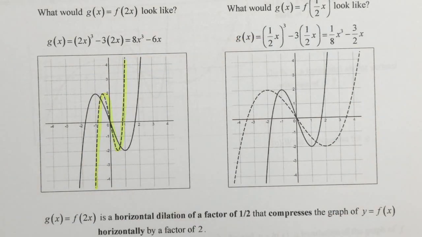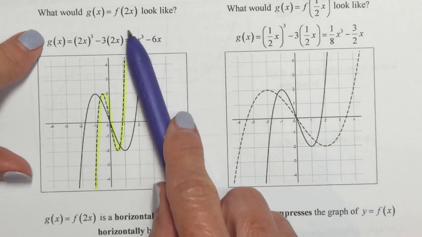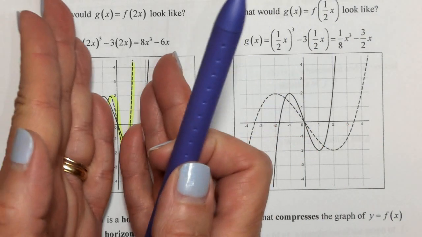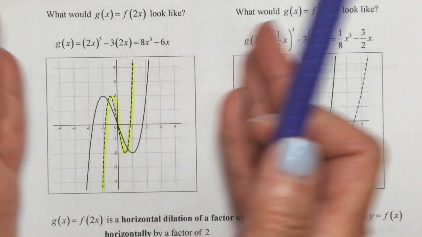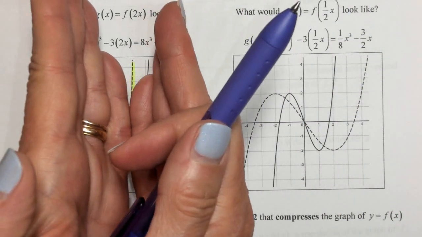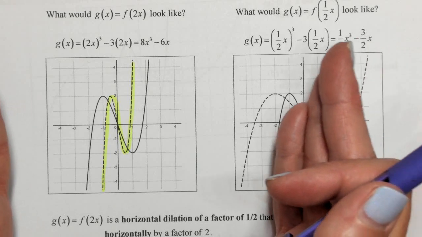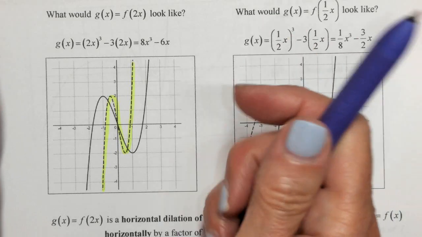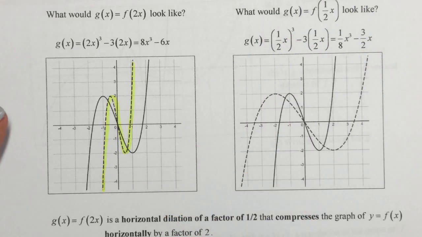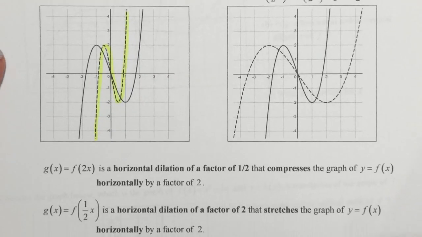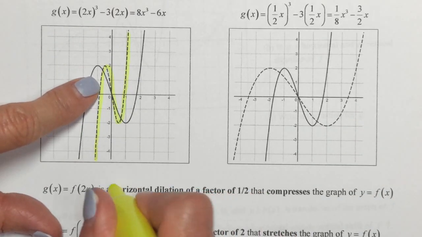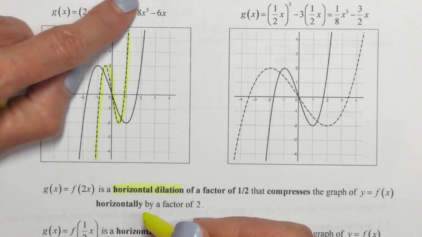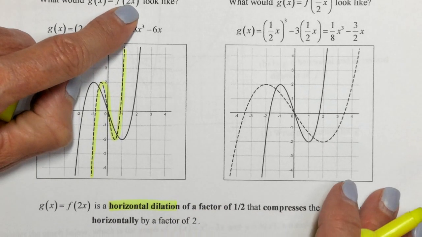And what did that 2 do? The 2 in front of the x compressed the graph horizontally. It took the graph and just squeezed it in towards the origin, didn't it? This is a horizontal dilation. It was a 2 in front of that x, right?